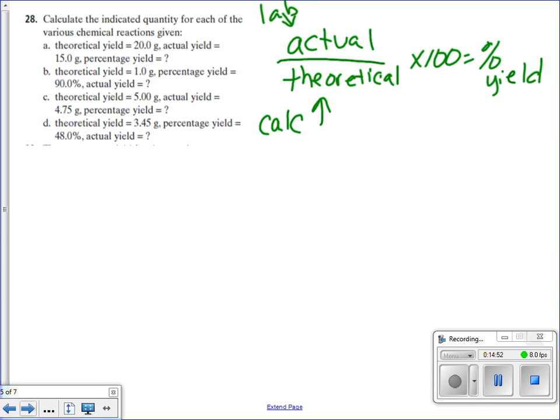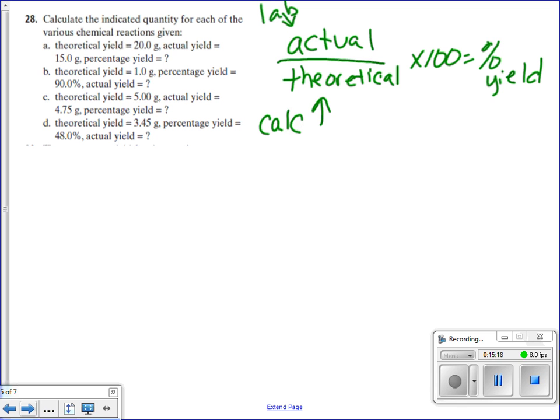So in number 28, they actually give you theoretical yields. Normally we could take answers from question 25. We could take our 539 grams of silver and say, okay, well, that's our calculated yield, that's our theoretical.